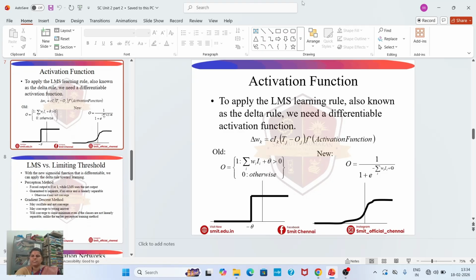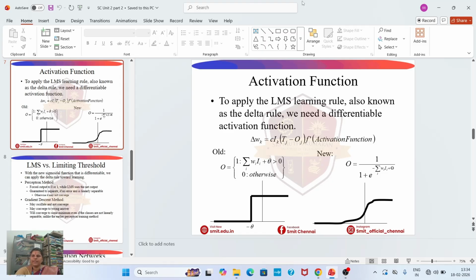Then the activation function. We need a differentiable activation function for the LMS delta rule, and the old perceptron function doesn't work, because LMS uses gradient descent, and gradient descent requires taking derivatives.